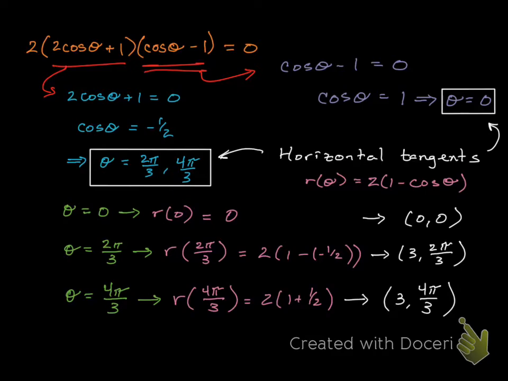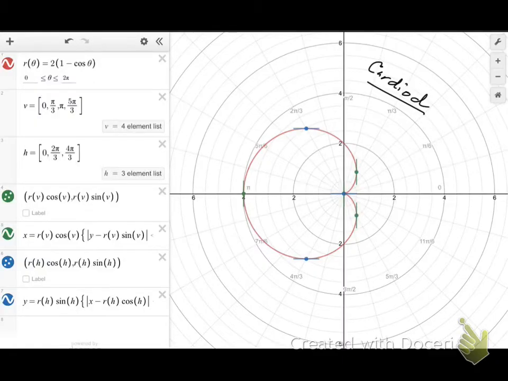Okay, I'll graph this for you in Desmos. And what I see here is my curve. I see my curve in red, and some of the points there are plotted. I have the blue points showing horizontal tangent lines, and the green points showing vertical tangent lines.